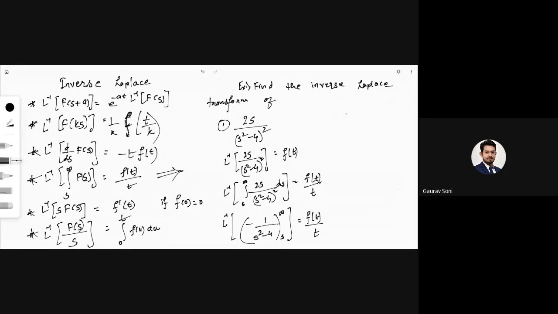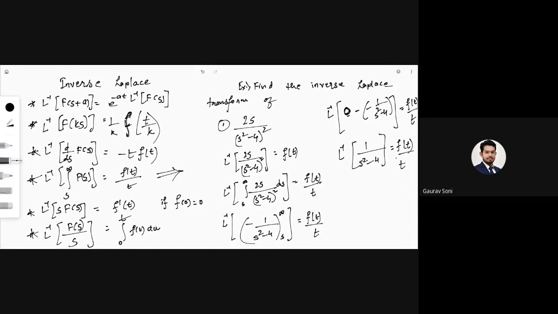So this is equal to, Laplace inverse of, when you put infinity it is 0, minus when you put s, that will be minus 1 upon s square minus 4, bracket complete, is equal to f of t by t. So Laplace inverse of 1 upon s square minus 4 is equal to f of t by t.